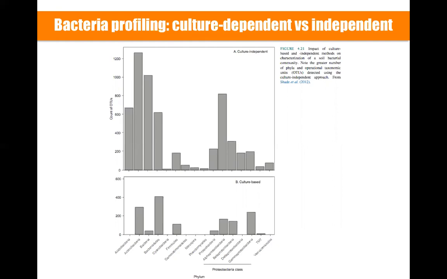We cannot grow them in the lab, or we don't know how to grow them in the lab. But with the advance in sequencing technology, we have next generation sequencing or metagenomic analysis. We can know the different operational taxonomic units, or OTUs, of bacteria in a soil sample.